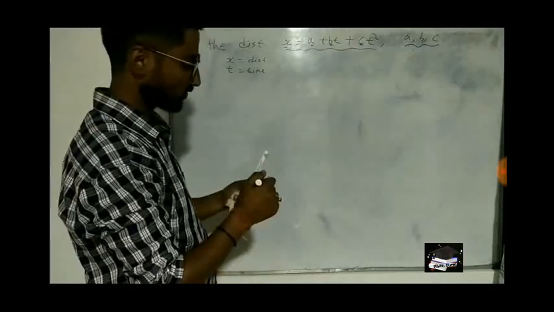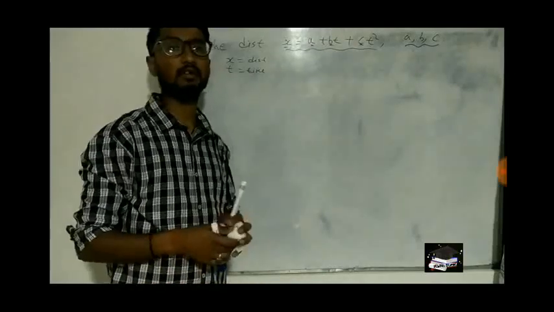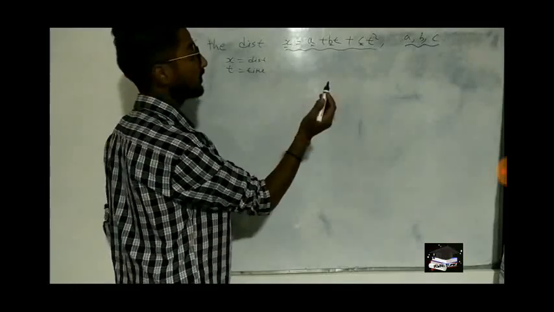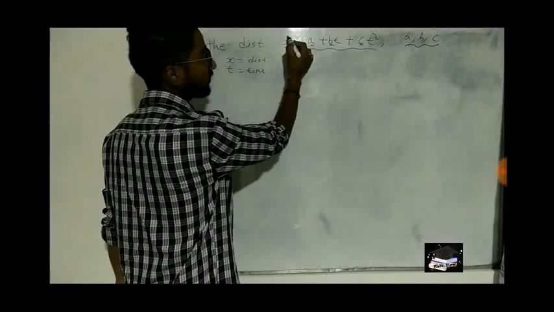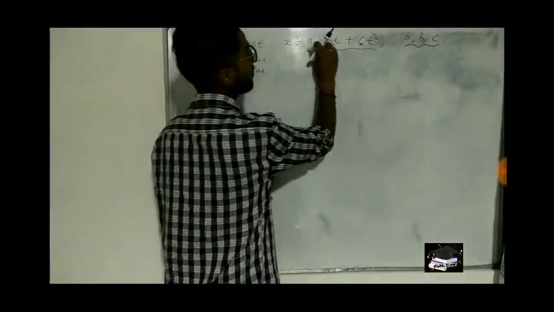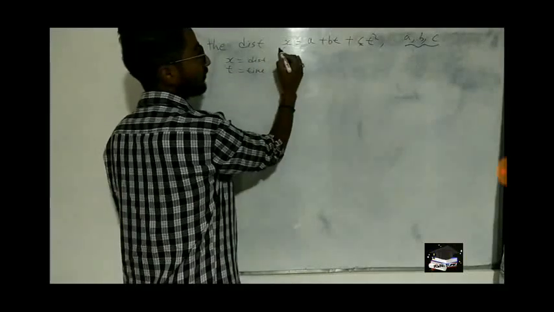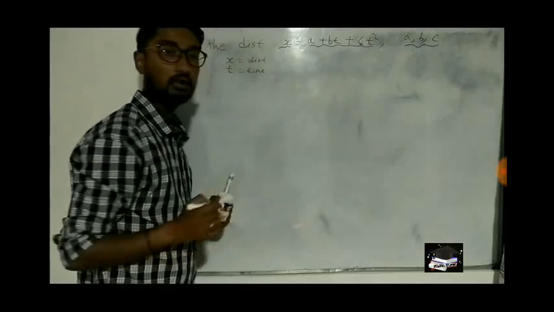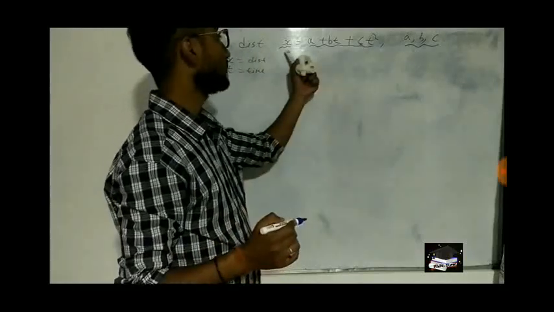First of all, let us use the principle of dimensional homogeneity. According to it, the dimension on the left hand side of the equation is equal to the dimension on the right hand side. What is on the left hand side?